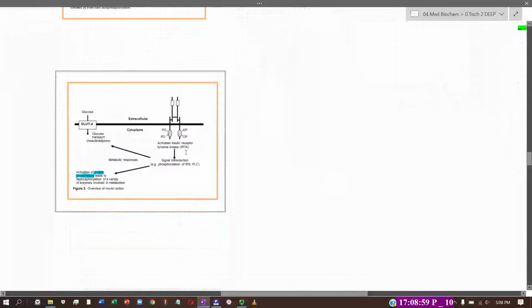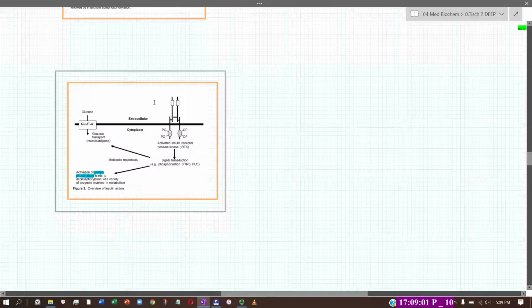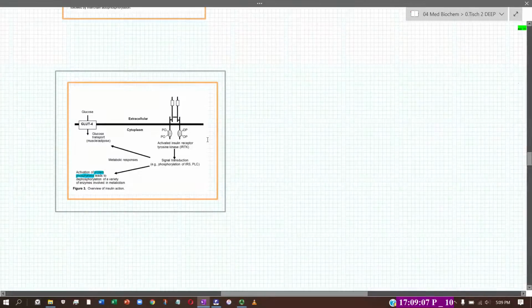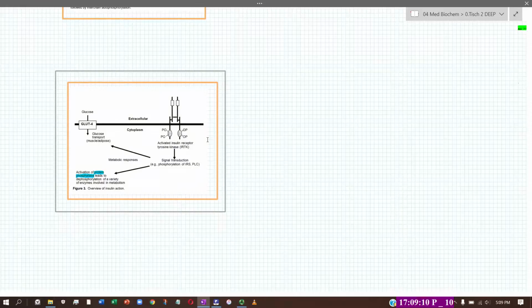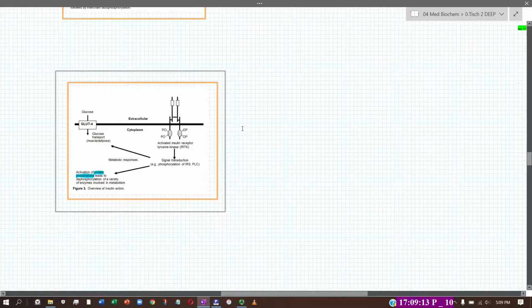And then figure 3 is again an emphasis on the IRTK, and what's being highlighted here is insulin action and how it performs an import of glucose through this transporter here.